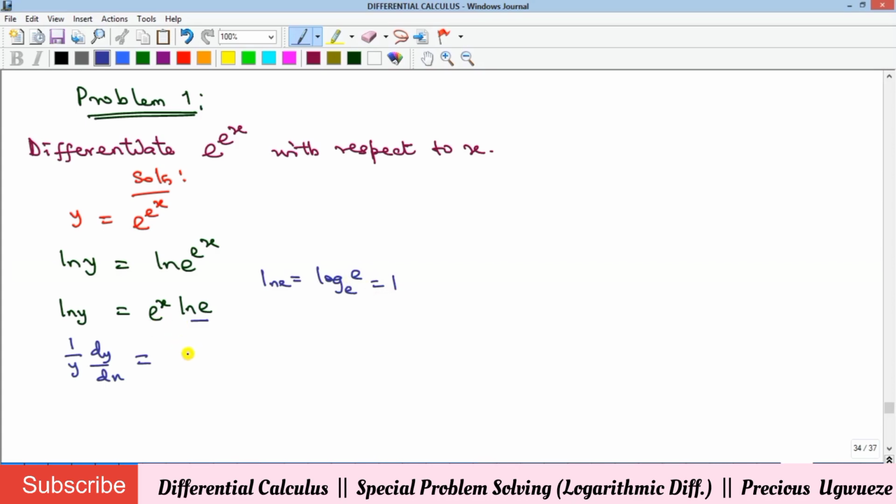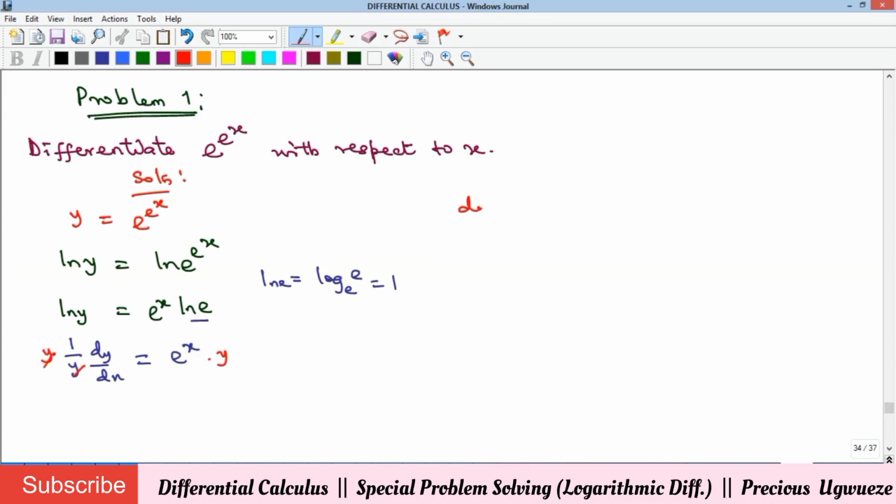All right, so that means what we have left here is just e raised to power x. Sorry, the derivative of e raised to power x will still give you e raised to power x. And so at this point, if we multiply both sides by y, this will take away this.